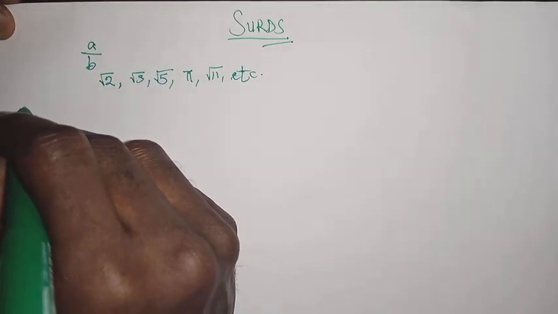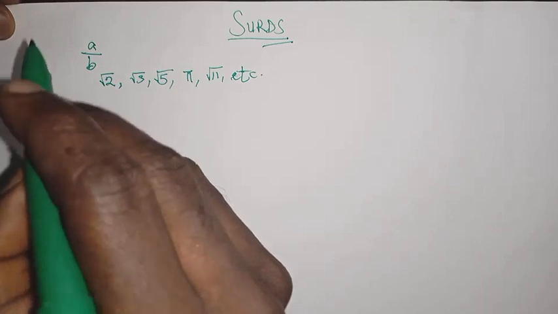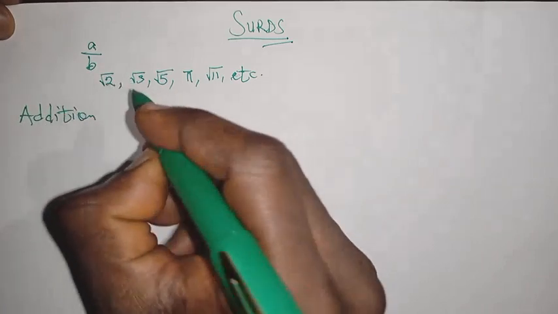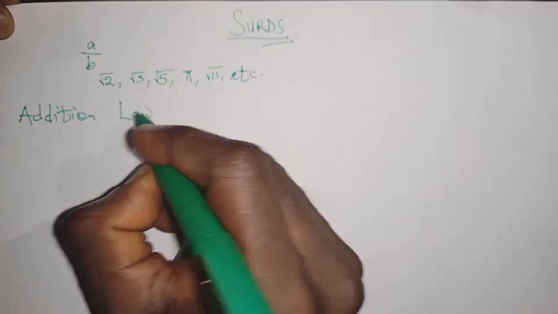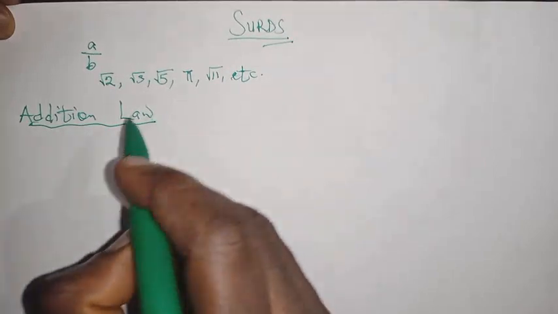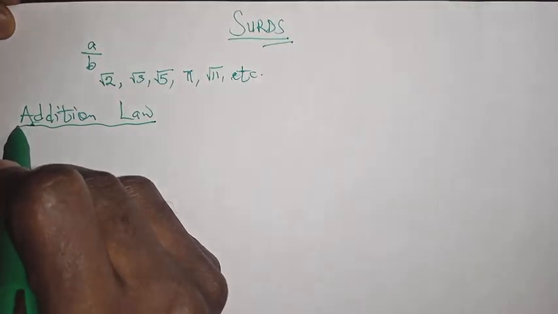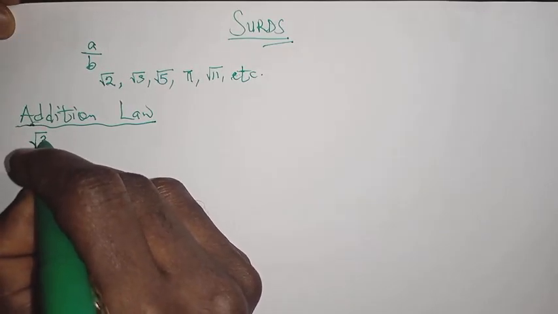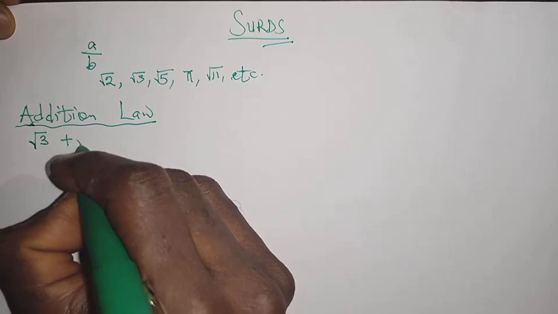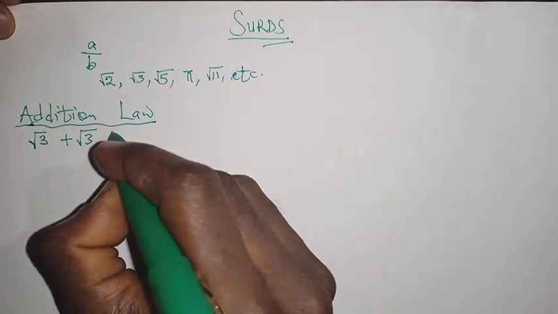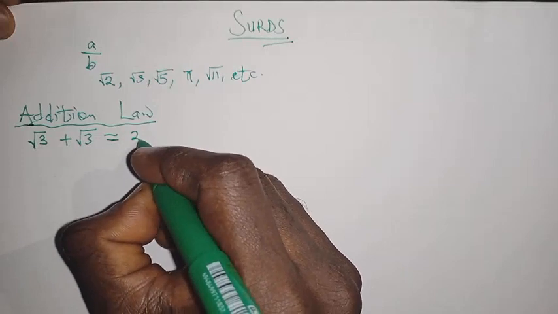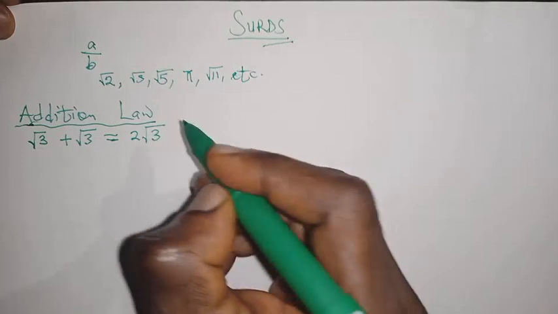Now, the first one we're going to look at is what we call the addition law. For the addition law, let's say we have root 3 plus root 3. This gives us 2 root 3.